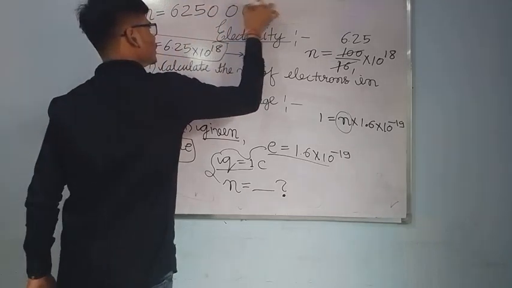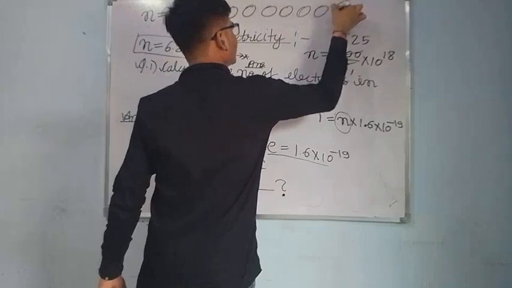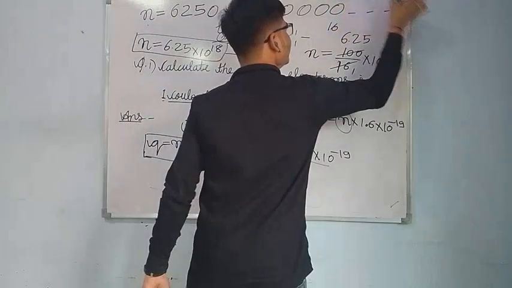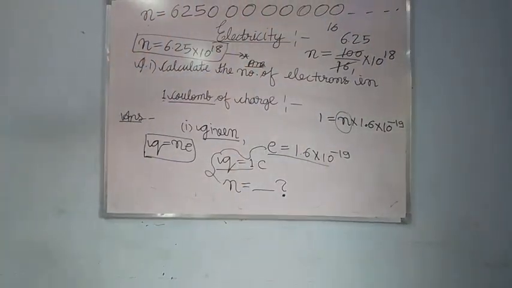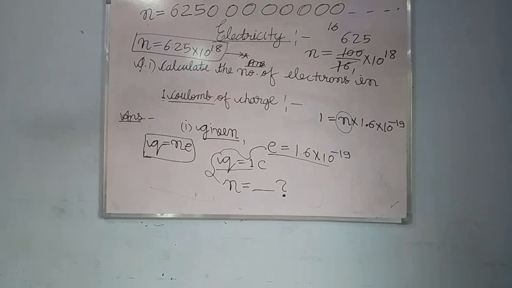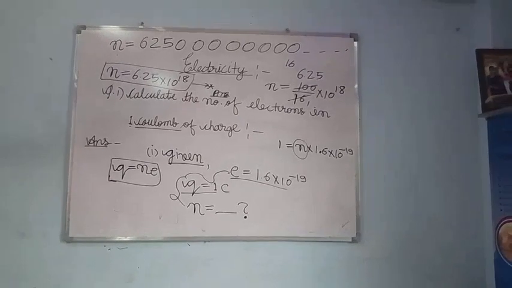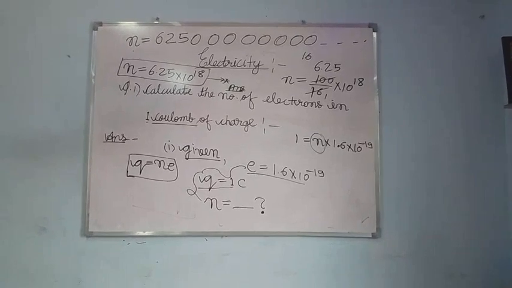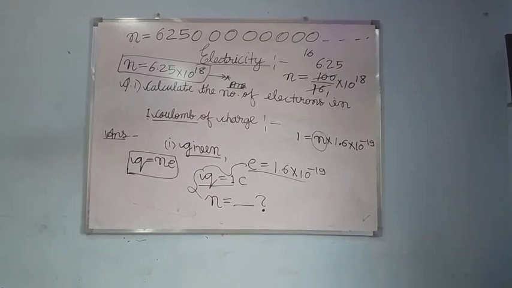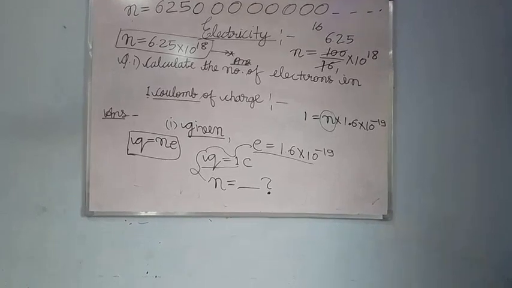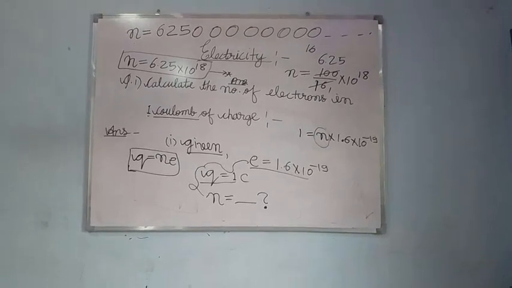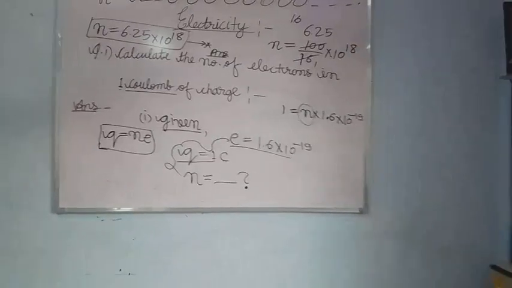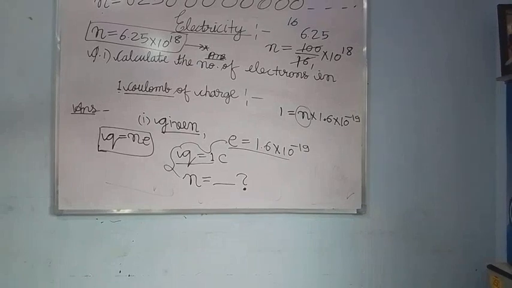This much big number, this much big value. That is 625 into 10 to the power 16. So about 6.25 into 10 to the power 18 electrons are constituted in 1 coulomb of charge.